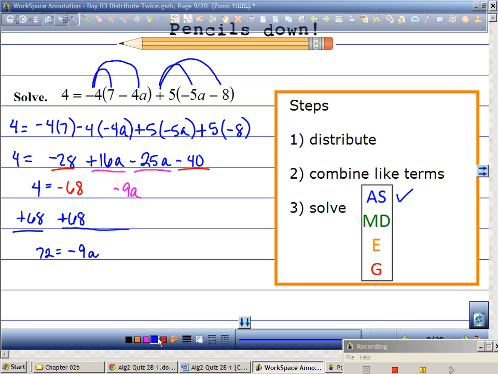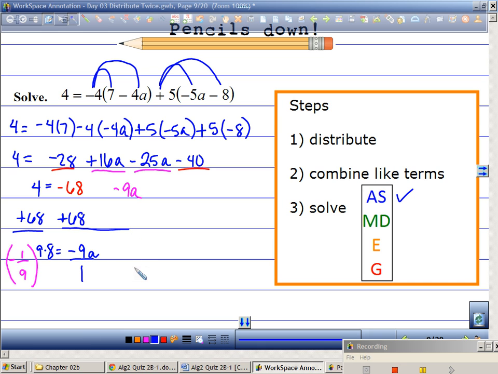I'm going to multiply by the inverse, negative 1 over 9. That's why we've been multiplying by inverses, right? I can switch 72 to 9 times 8. And this is just negative 9 over 1.